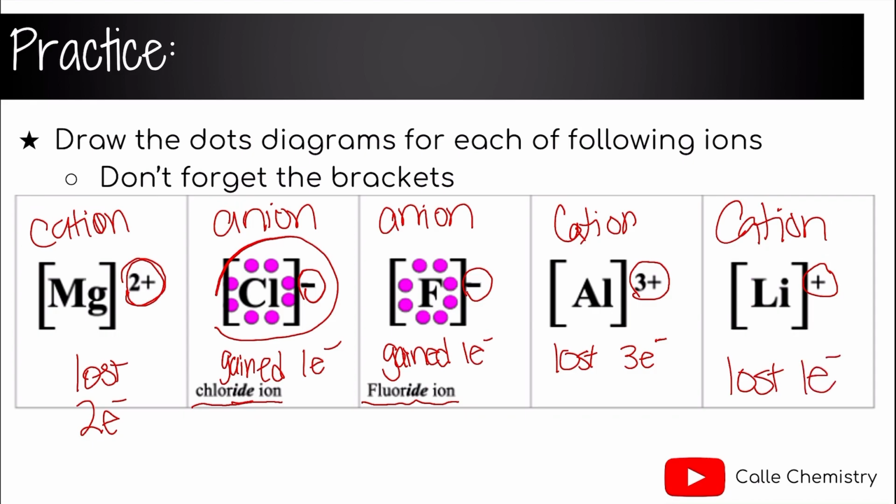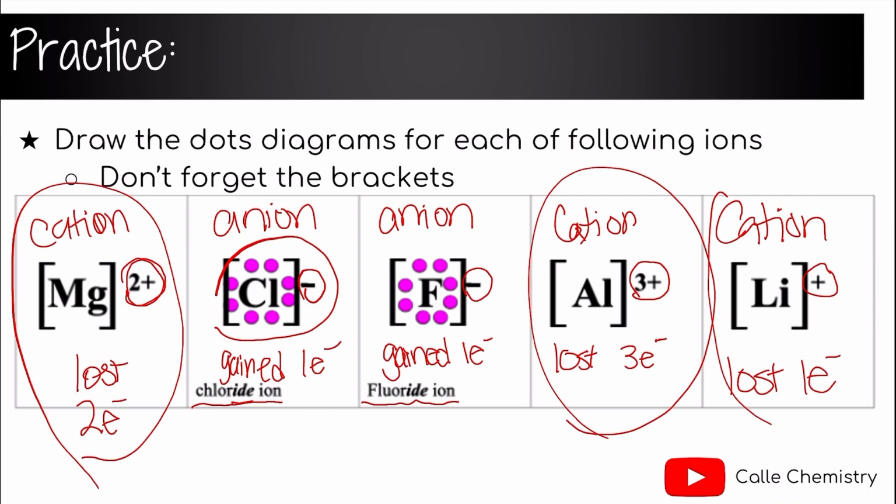Okay, a couple of things I want to note before we move on. Take a look at the cations. Do we see anything that's similar between these cations, the Lewis dot diagram of these cations? One thing we could note is that they all have 0 dots around it.